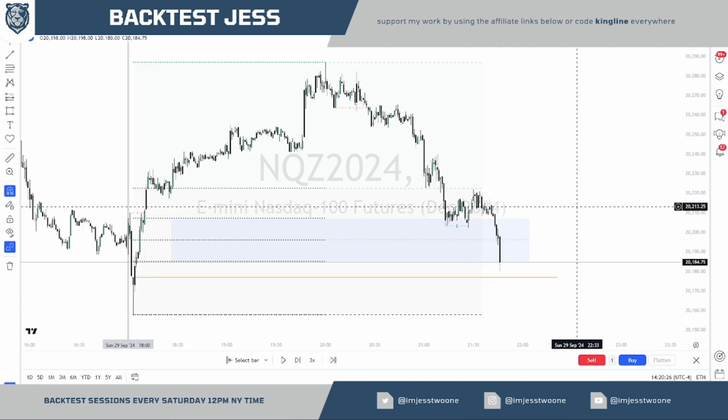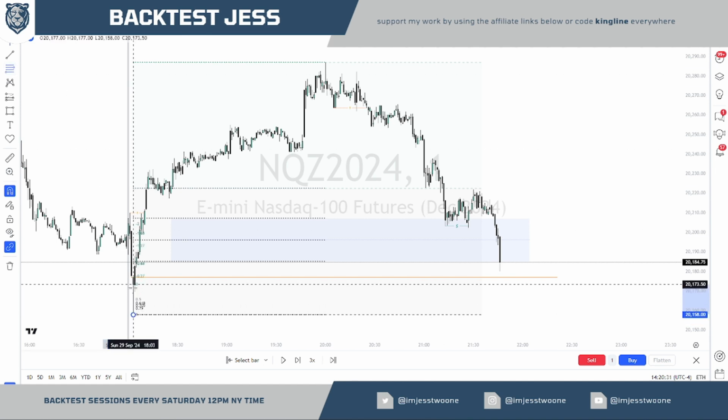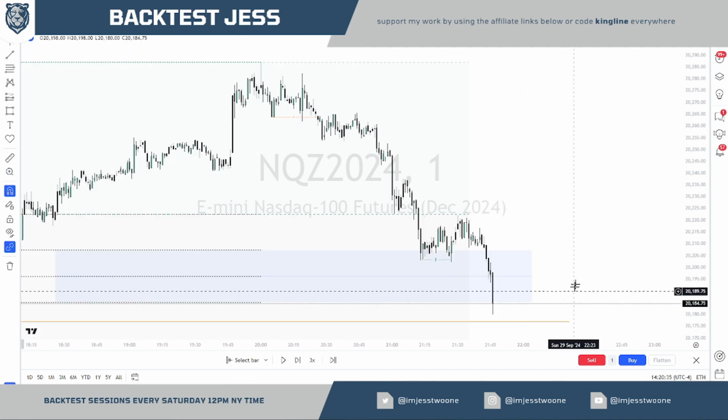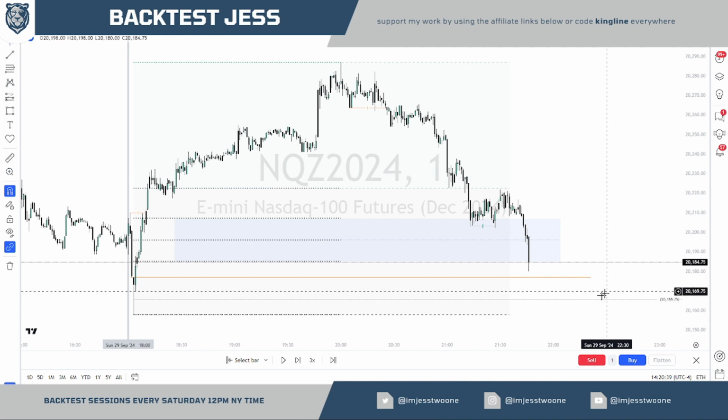If I wanted to allow this idea a lot of leniency, then the CE of this bottom wick would be the very last chance for longs to occur.